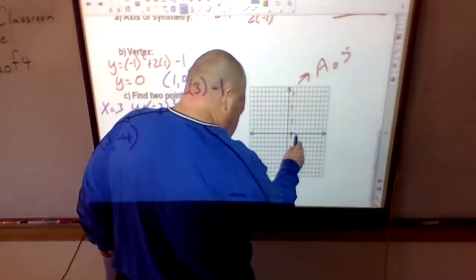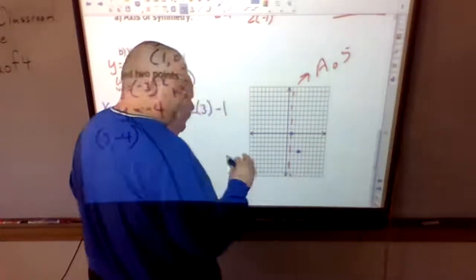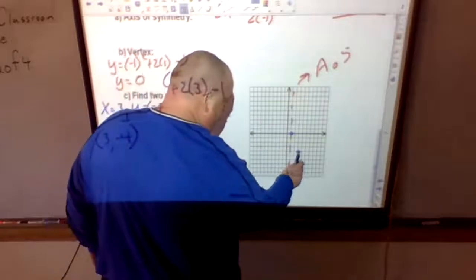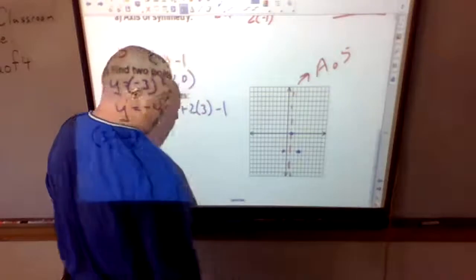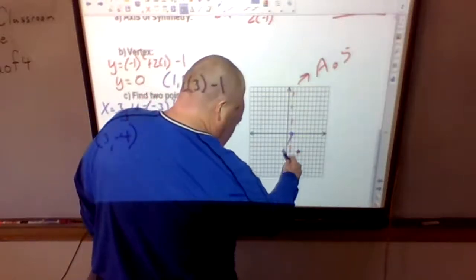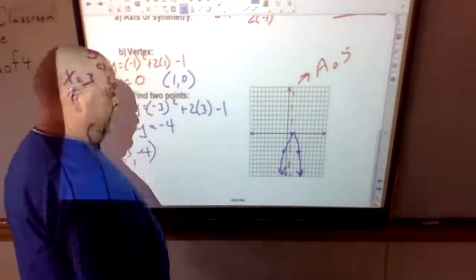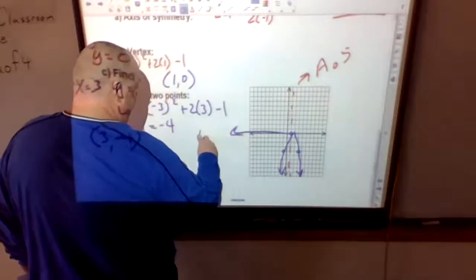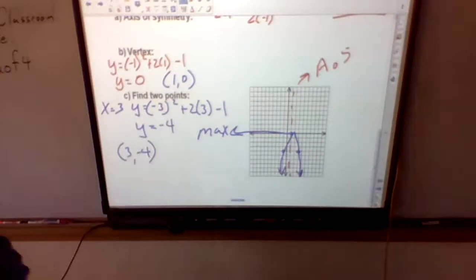Now, if you reflect that, remember the axis of symmetry is a reflection. So if it's 2 to the right of our axis of symmetry, this will be plotted 2 to the left. Our parabola would look something like this, and therefore this becomes a maximum. Remember that. That is a maximum vertex right there.